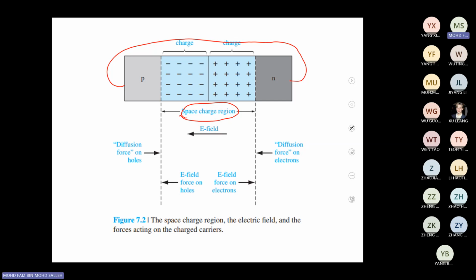Inside the P-type, we don't have many electrons. As I mentioned before, the electrons will tend to go from higher concentration to lower concentration. That's why it will become more positive inside the N-type and more negative inside the P-type due to this diffusion process. And this space we call the space charge region.